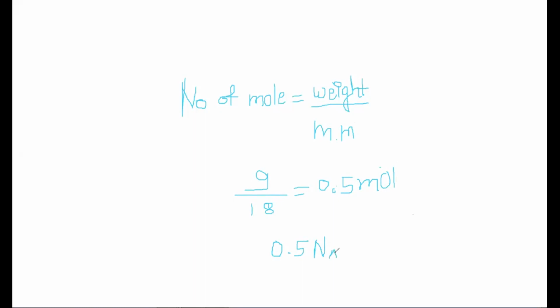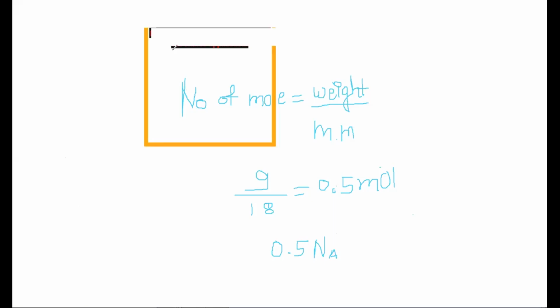Yes, 0.5 into Na. When you do that, what is Na? Avogadro's number. What is Avogadro's number? 6.022 into 10 raised to 23. Yes, absolutely correct. Sir, should I stop sharing this? Yes, you should stop it. Thank you so much. Stop your screen.